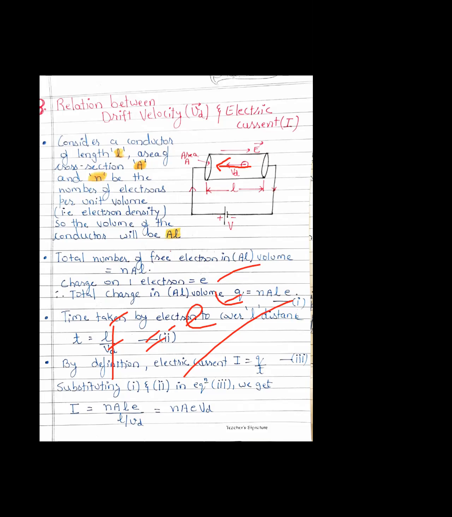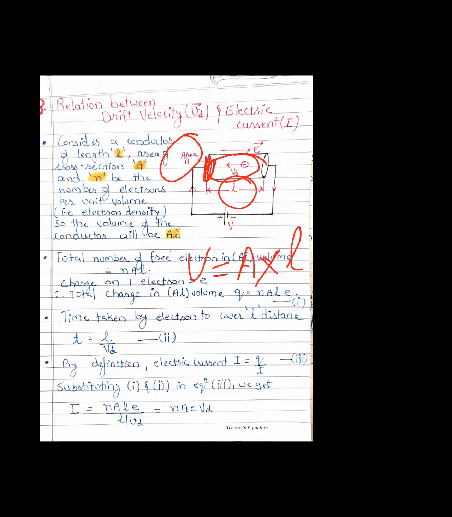The area of cross section of the conductor is A and the length is L. The volume of the conductor will be A into L.